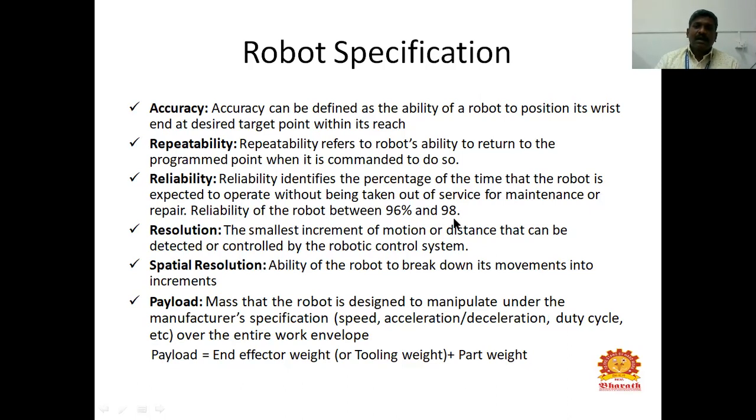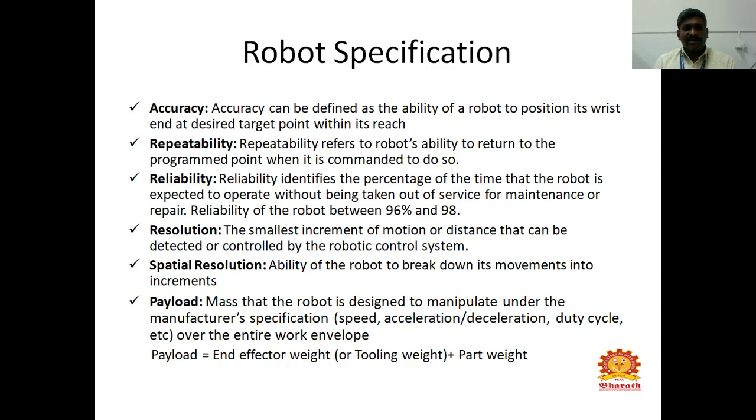That means how long the robot can work in service. For example, the robot can work 2 years, 4 years, 5 years without a repair or maintenance. How many years can the robot work? That's the reliability of the robot.